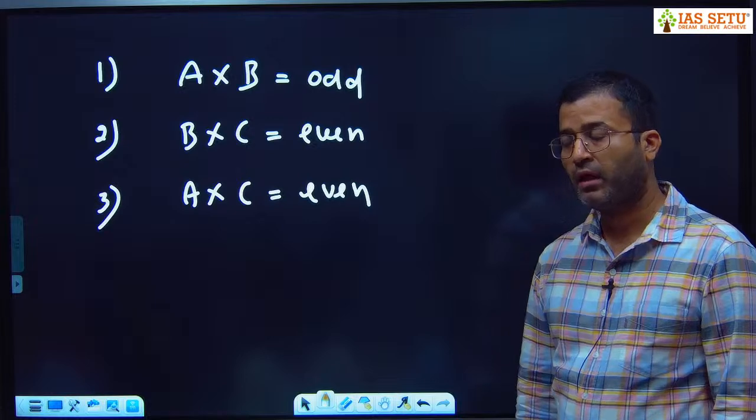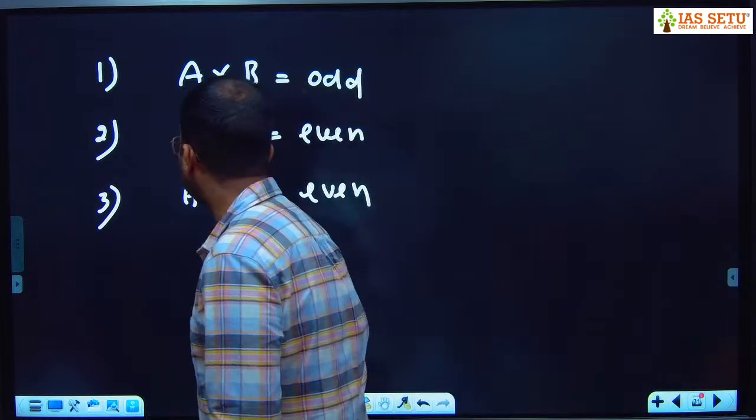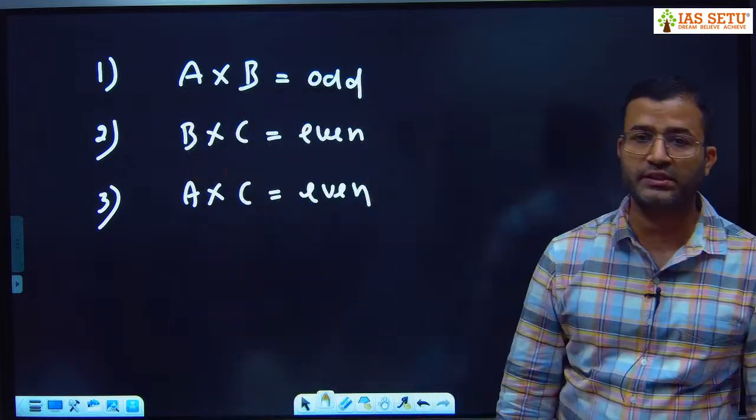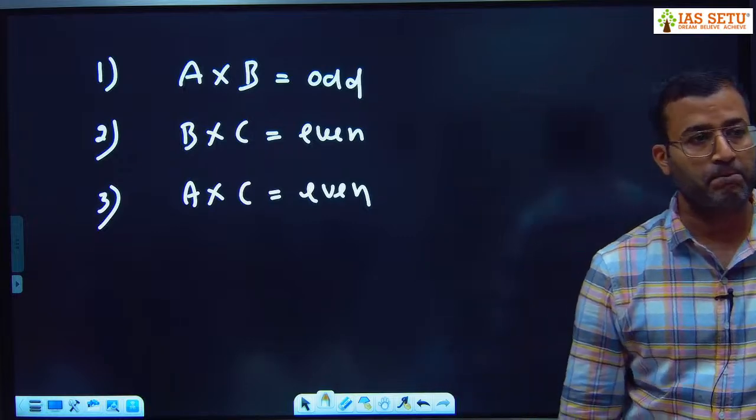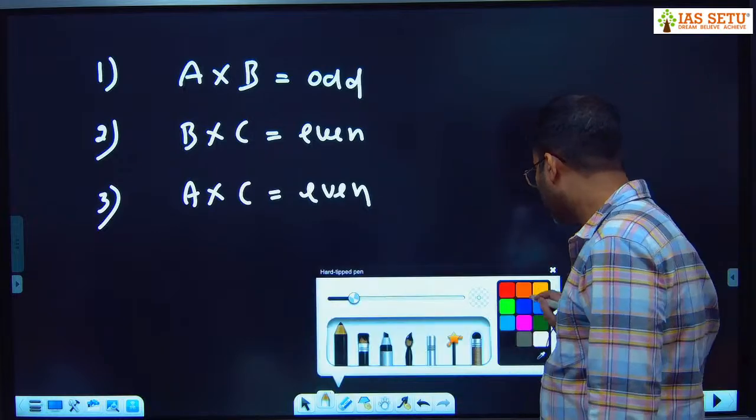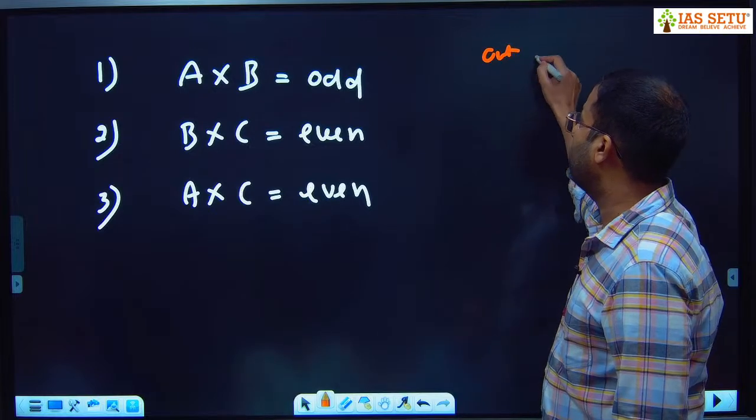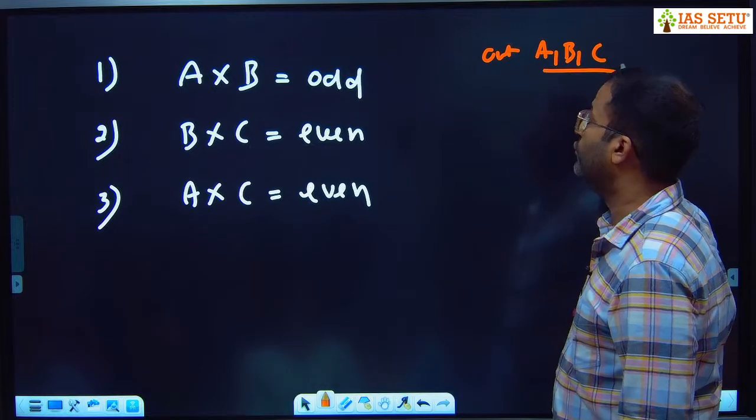Okay, A into B is odd, B into C is even, A into C is even. Tell me, out of A, B, C, which one is even?